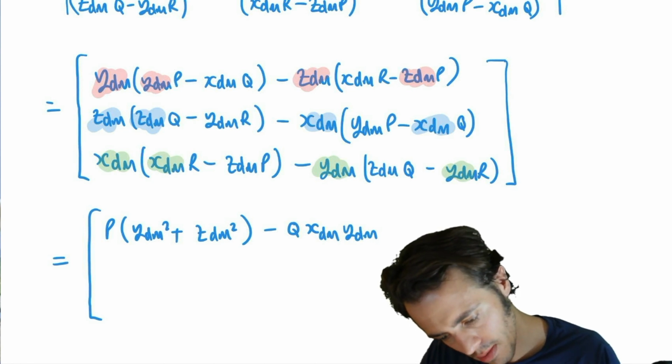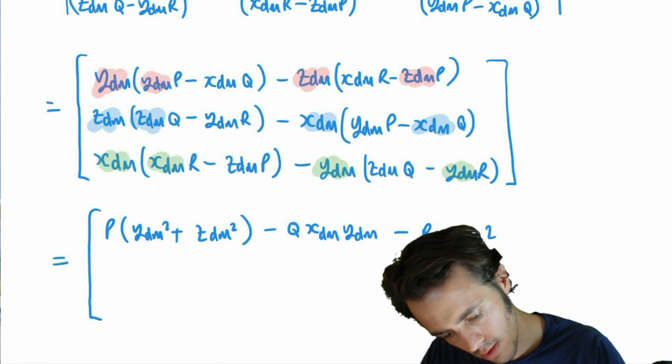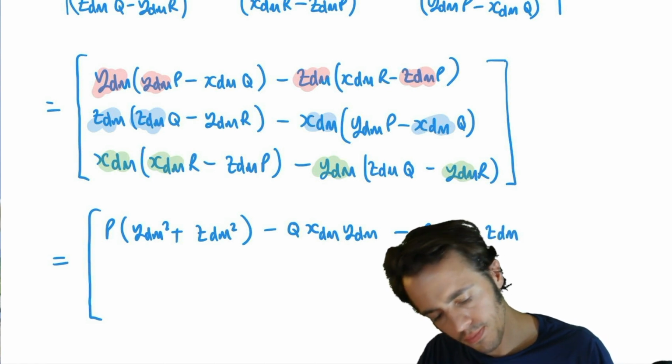And then what else am I going to have? I'm going to have minus r x dm z dm.